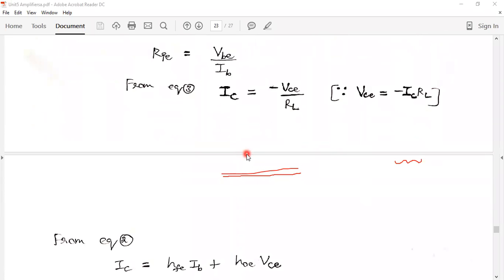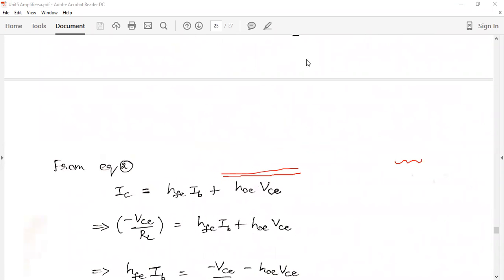We will use this derived IC term further. From this basic equation I am noting: IC is equal to minus VCE by RL.